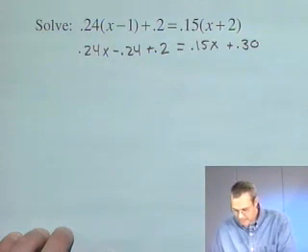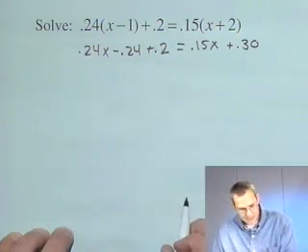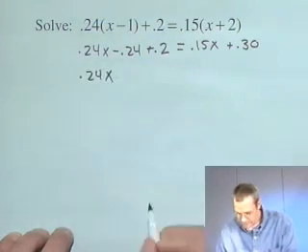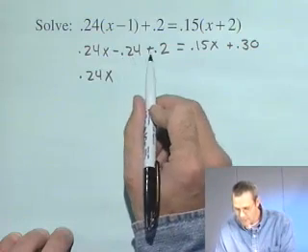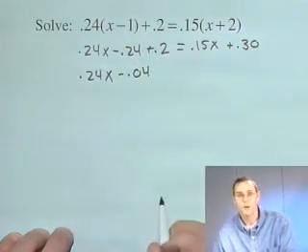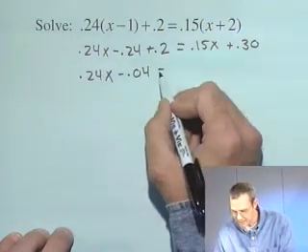Okay. Let's go ahead and simplify the left-hand side. 0.24x. Now, negative 0.24 plus 0.2 is a negative 0.04. Again, you might want to have your calculator handy.